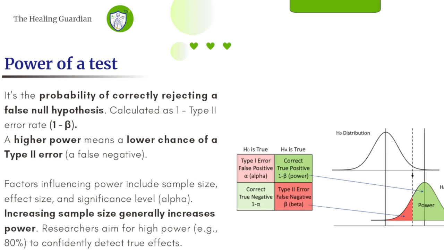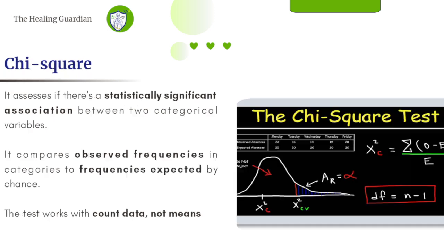As the sample size increases, the power also increases. Meaning the bigger the sample size, the larger the power of a test. Researchers aim for high power, e.g. 80%, to confidently detect true effects. Meaning, even if it has shown statistical significance, if it has power less than 80%, it is not considered to be reliable.